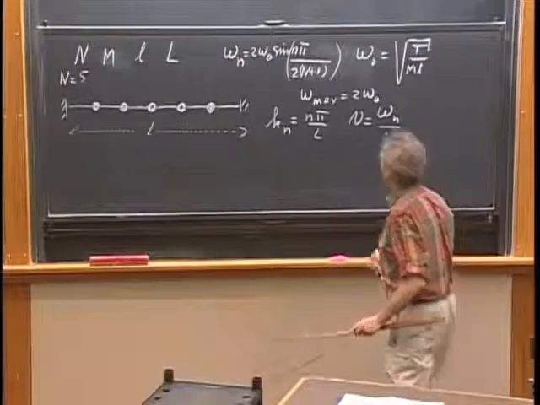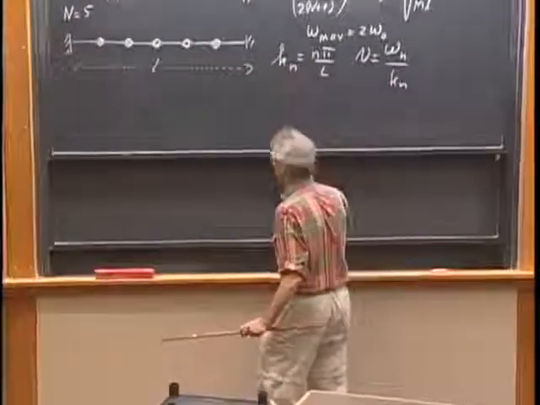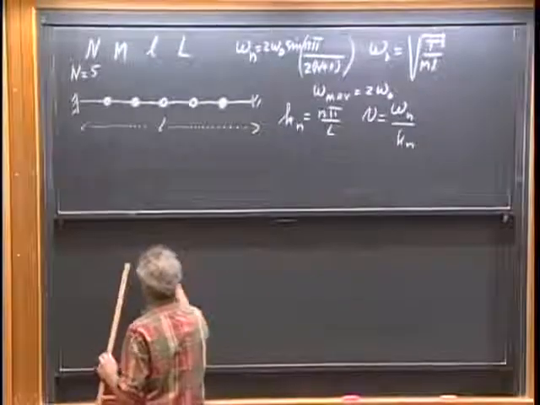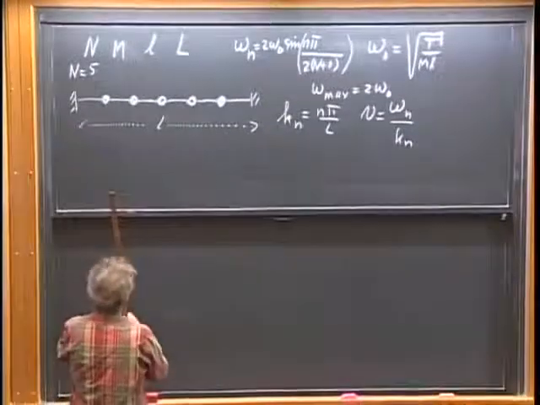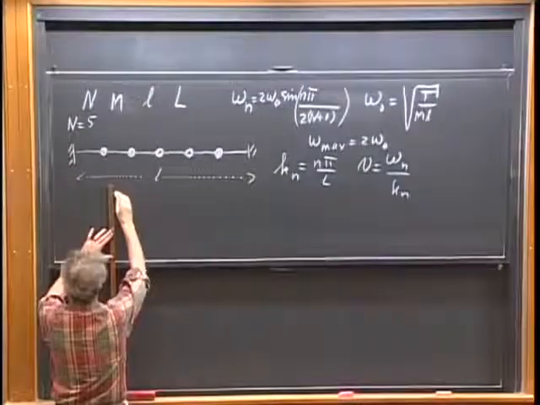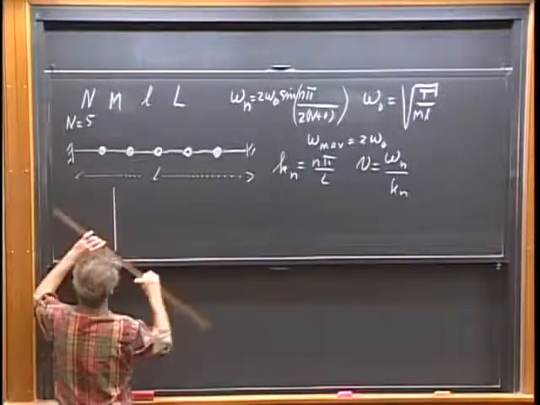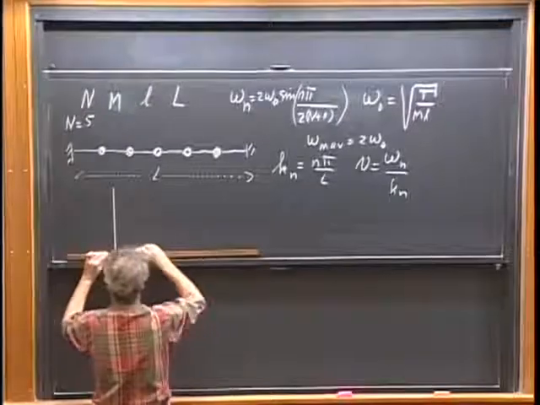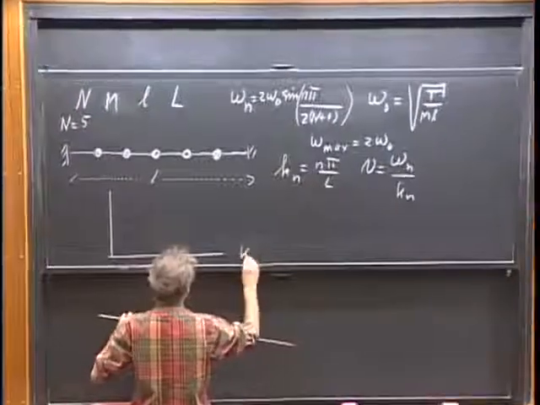A very nice way of seeing that is to make a plot, and you will see many of these plots today, of omega versus k. Let me make the plot here. So this vertical is going to be omega, and this is k.